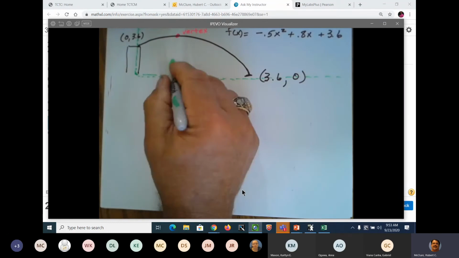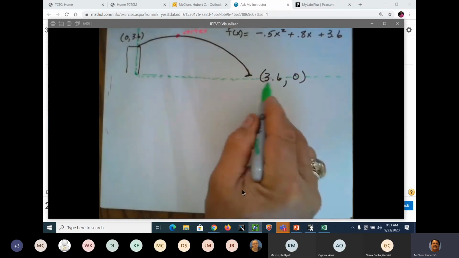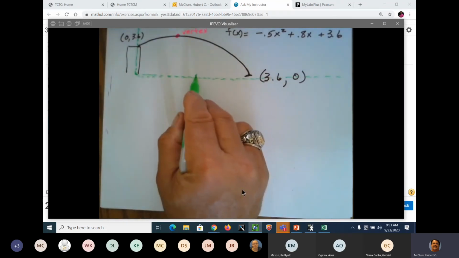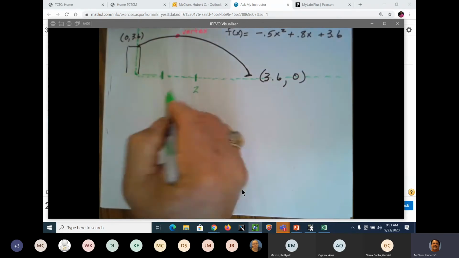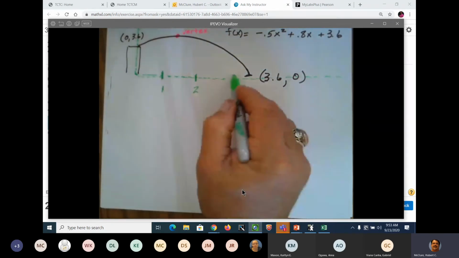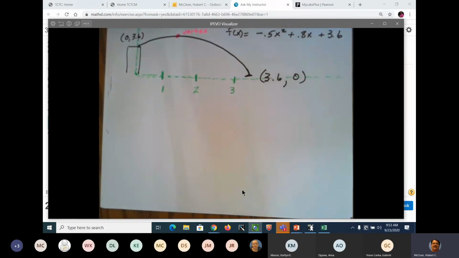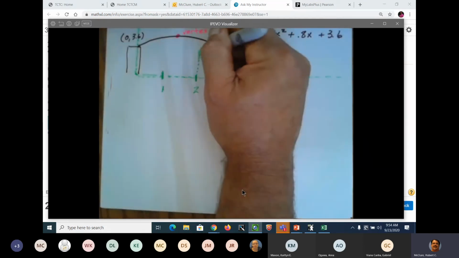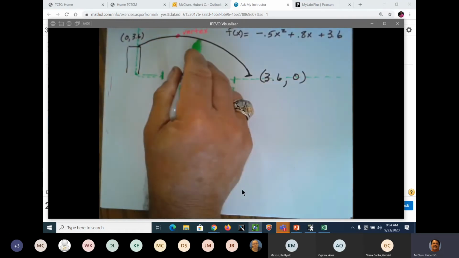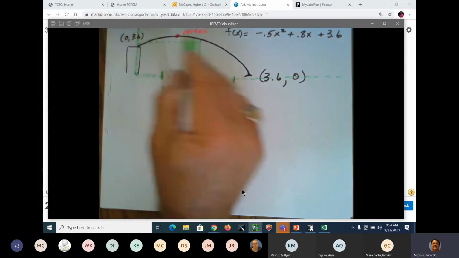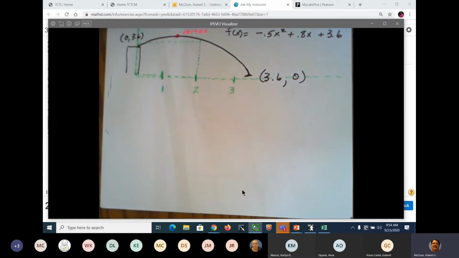I don't know what this is, but 2 feet would be somewhere maybe right in here. Let's say this is 1 feet. And this is 3 feet. So if I want to find at 2 feet, what do I do, people? If I want to find a y at 2 feet, what do I do? What do I do with that 2?